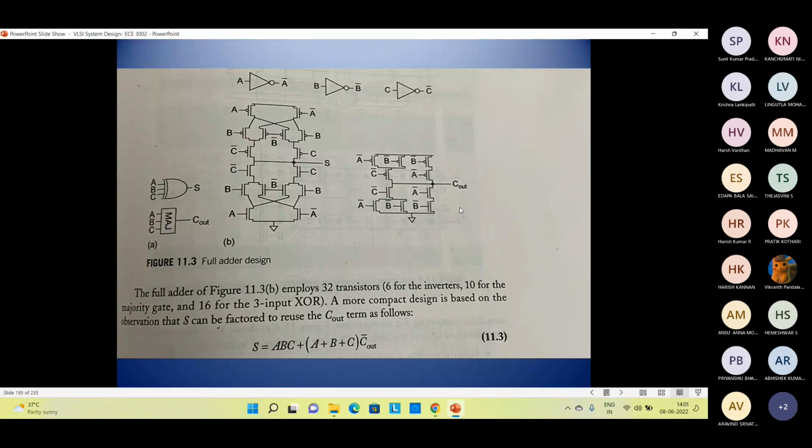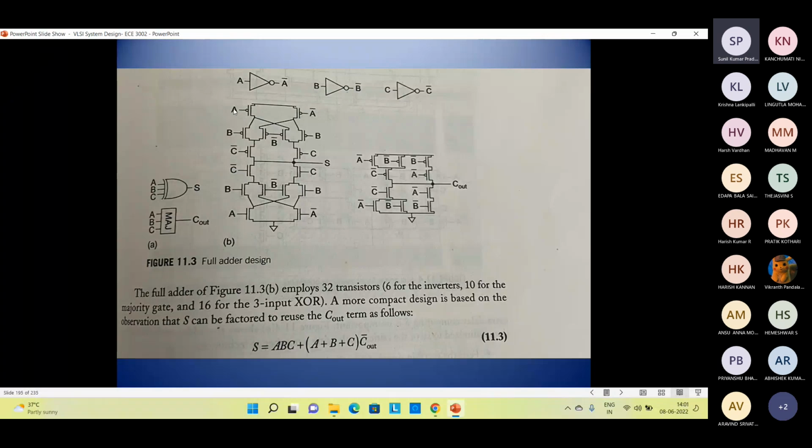Okay. So how can we do this? We have to do the CMOS logic accordingly. Okay, the bubble structure on the transistor is the PMOS, and where there is no bubble, that is NMOS.